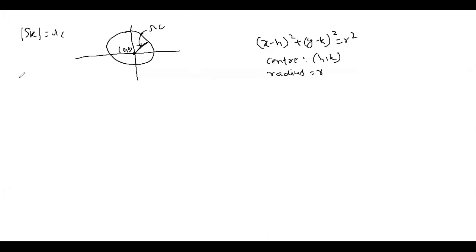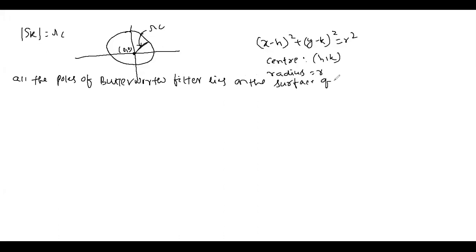You can say all the poles of a Butterworth filter lie on the surface of a circle. Okay, clear? Or you can say that if you plot all the poles of a Butterworth filter, you will get a circle like this.